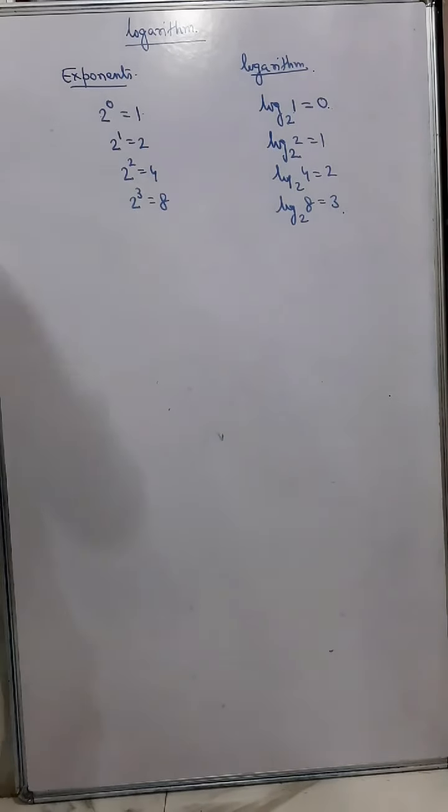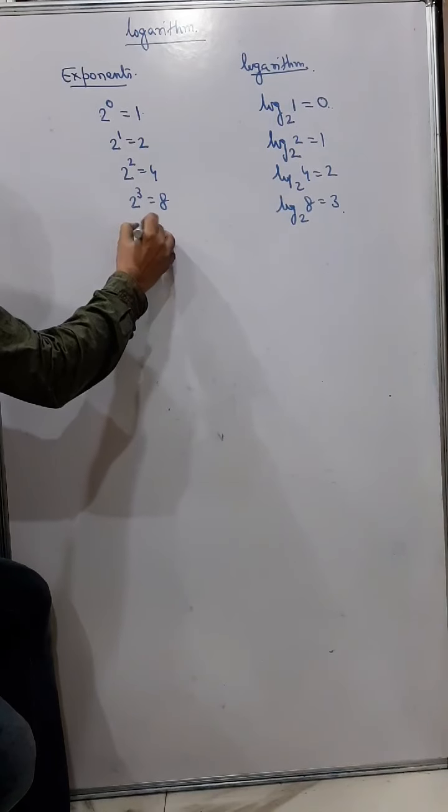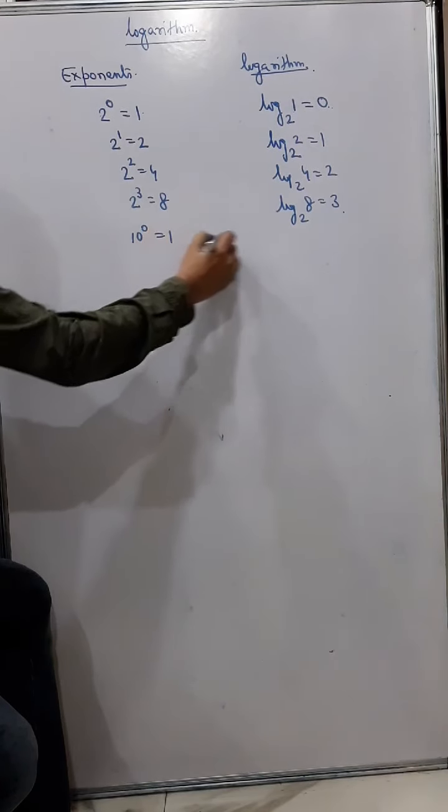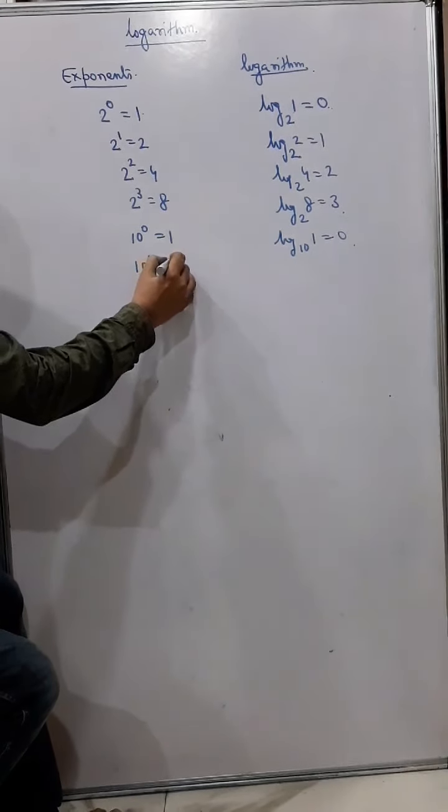Now I can take another value, say 10. Again if you see 10 to the power 0 equals to 1, so we will write it as what? Log 10 1 equals to 0. Similarly 10 to the power 1 equals to 10.